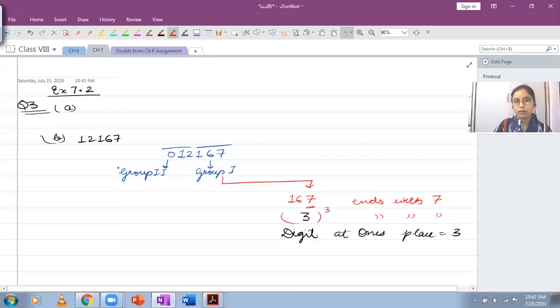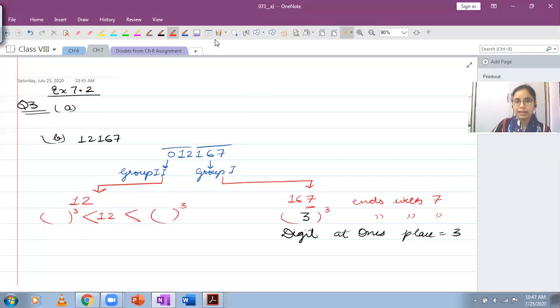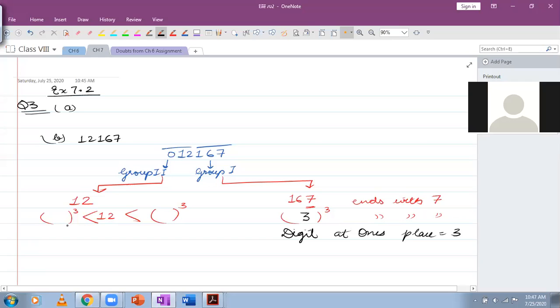And over here, going back to the second group, I've got 0, 1, 2 or just 1, 2 you can write down. And what I want to know is 12 lies between which two perfect cubes? 12 से पहले कौन सा perfect cube आता है? 12 के बाद कौन सा perfect cube आता है? Ma'am, 8.